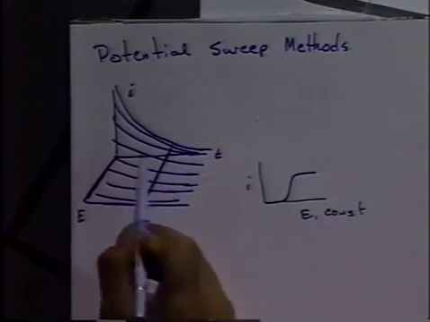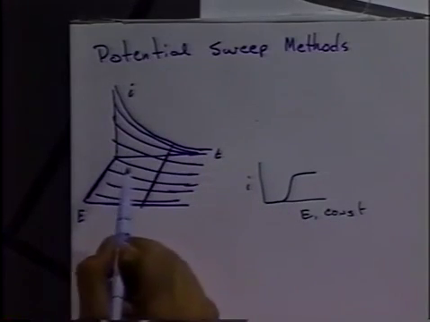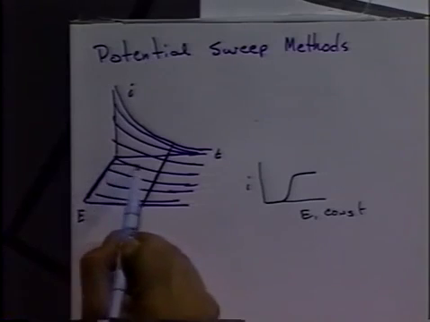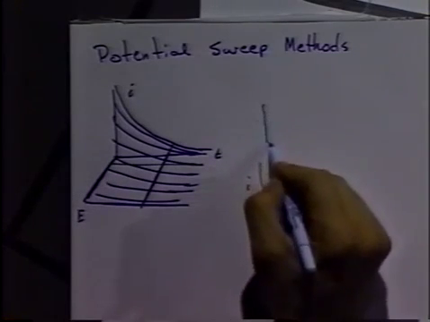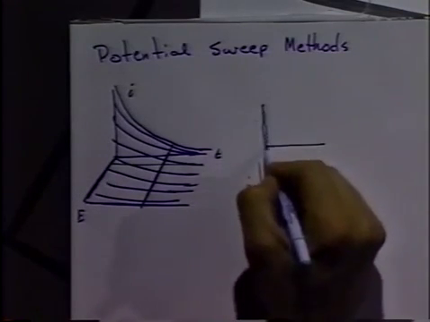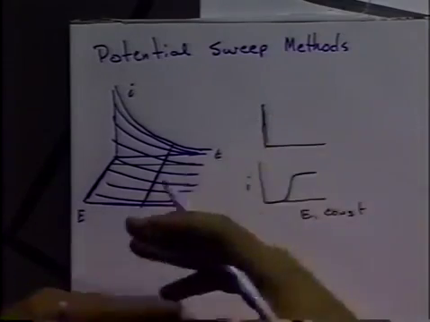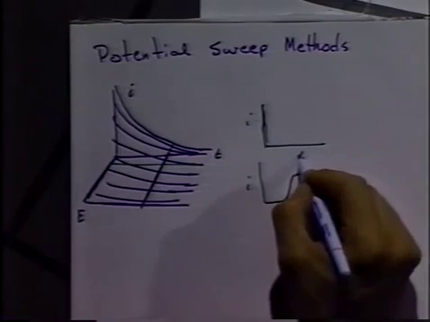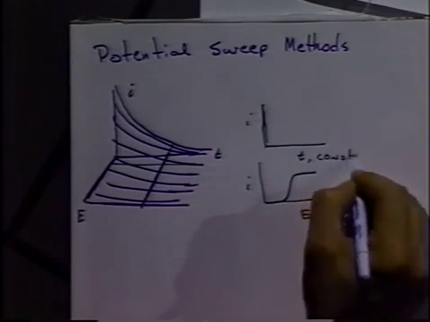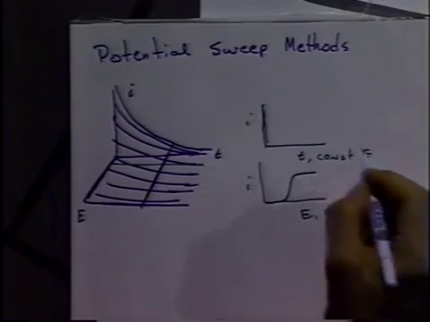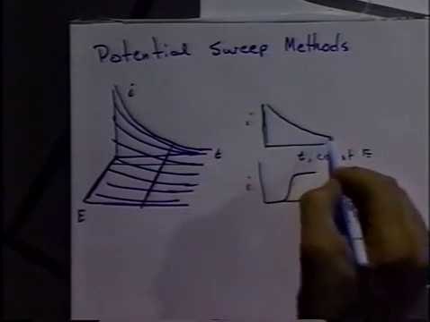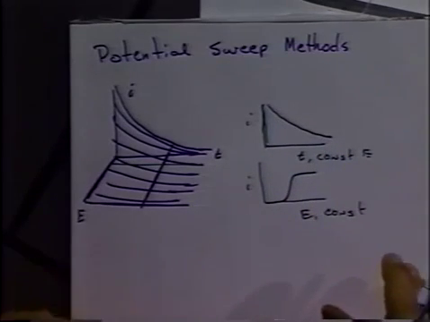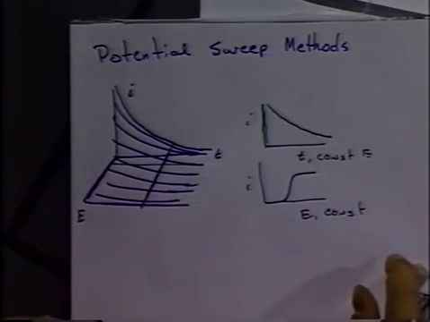If we did alternately a cut along here at a constant potential, that would be just like a normal reversible potential step. And so if it's reversible, we would get this exponential type decay, as we'd expect.